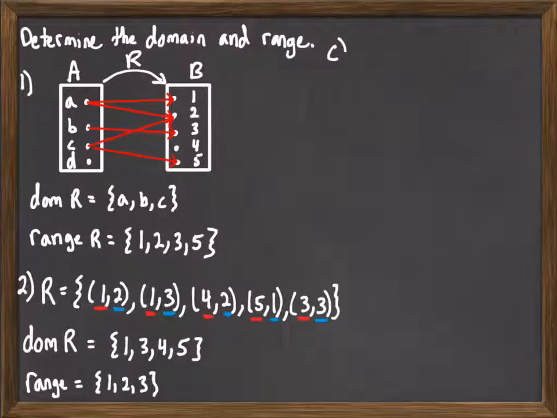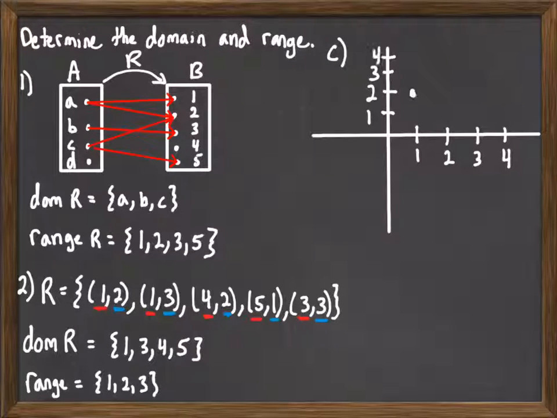In our next example, we consider a third way that relations can be described, and that's in terms of a graph. So here we have a graph with points being plotted. We can translate this as our x values, in this case 1, gets related to 2, 3, and 4. 2 is being related to only 3 and 4. 3 is being related only to 4.